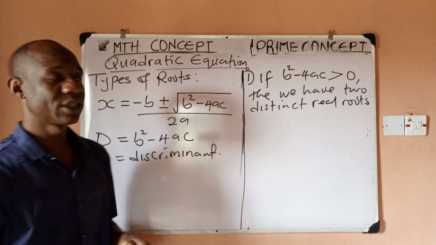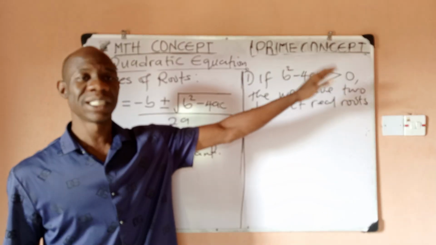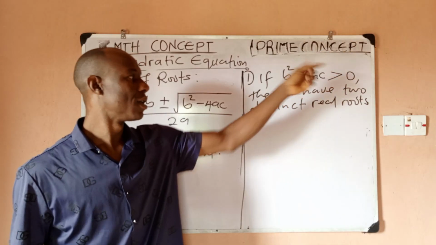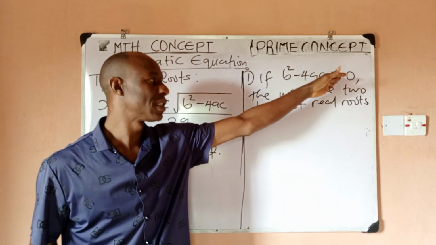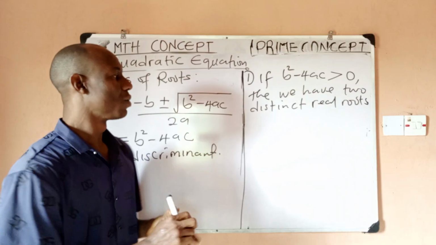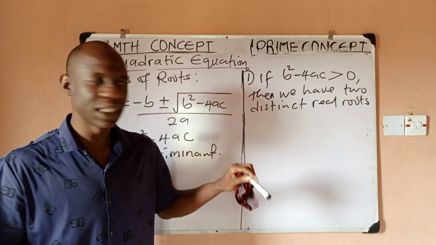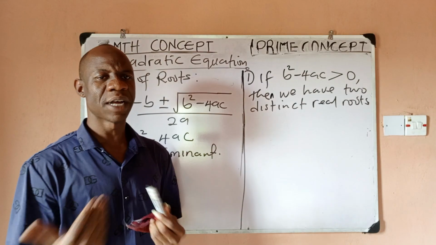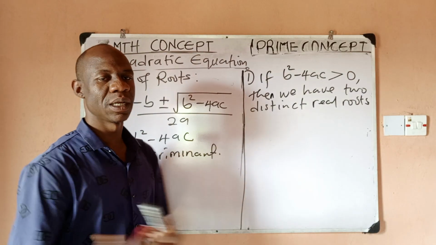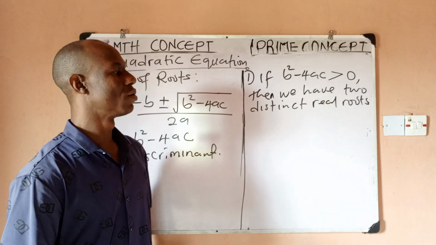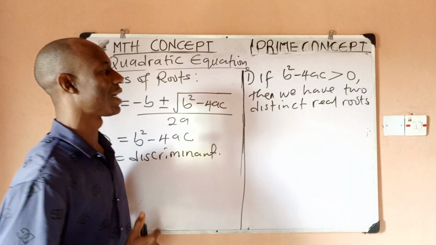So whenever our discriminant is greater than 0, meaning positive, we have two distinct real roots. When you say distinct, it means two separate real roots, that is to say the values are different. Say x is 2 and x is 3. These are different values, but they are real roots. You will understand better when we take an example.